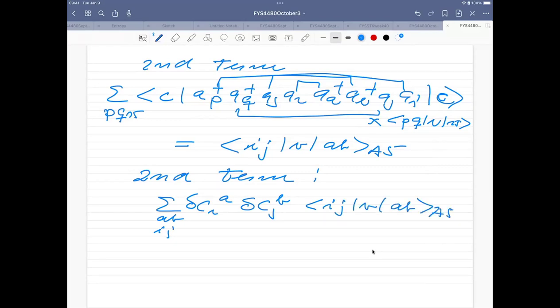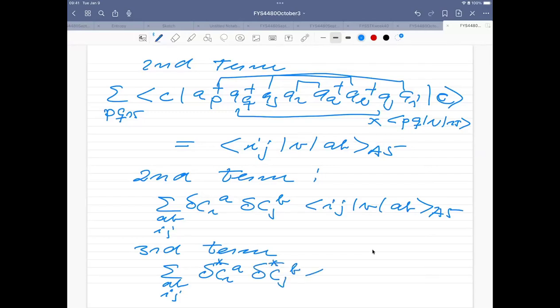And it shouldn't come as a surprise that the third term, which also links a vacuum state, 0-particle 0-hole, with a 2-particle 2-hole state, is going to be given by ABIJ, but now I'm going to have the complex coefficients, CJB, and that is going to contain AB, V, IJ.